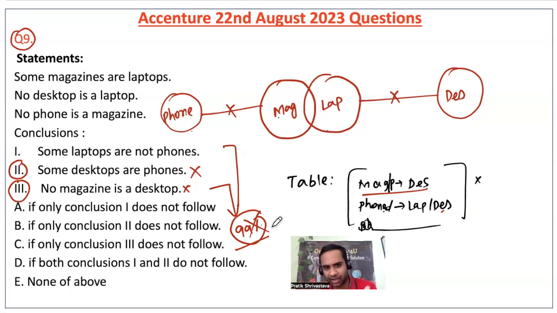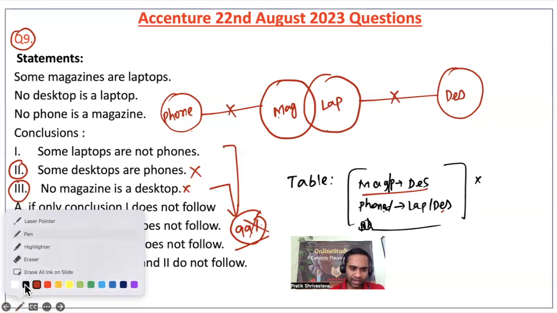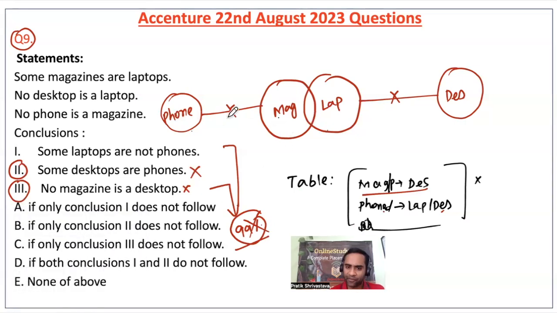Please understand that. Now, some laptops are not phone. They have told no magazine is phone, which means there is no relation between magazine and phone.